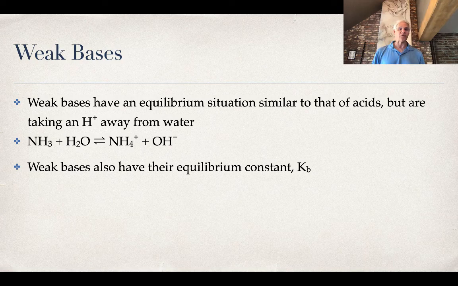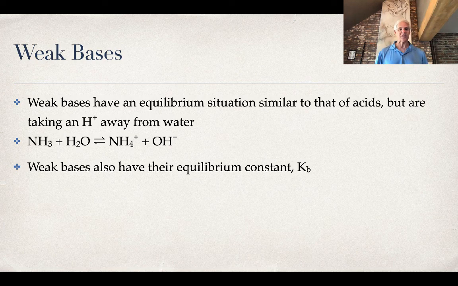Weak bases also have their own equilibrium constant. We just call it Kb. It is still an equilibrium constant, which means it's still concentration of our products over the concentrations of our reactants. Again, we just put that little label on there, that little b, to indicate that it is a base dissociation where we have our base taking an H plus away from water.